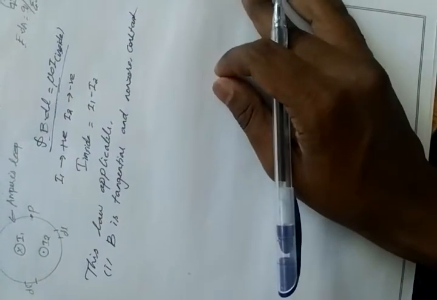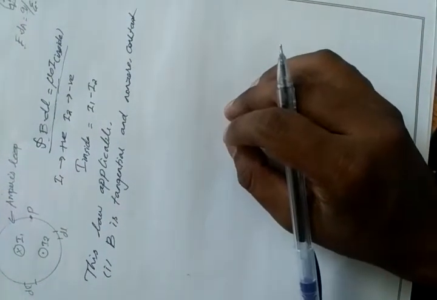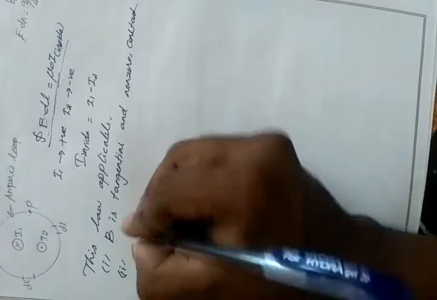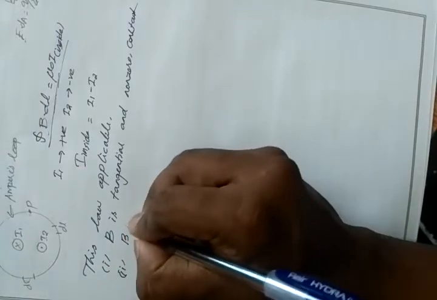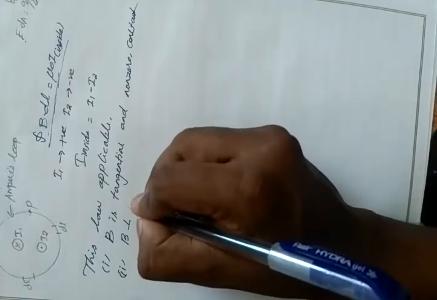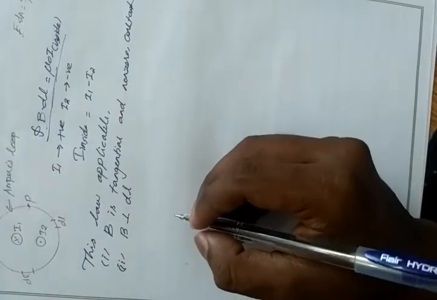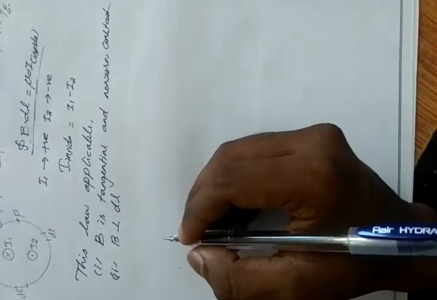The value of B is tangential, non-zero and constant. Or the next condition is that B should be perpendicular to dl, the length element. The value of magnetic field should be perpendicular to the length element.